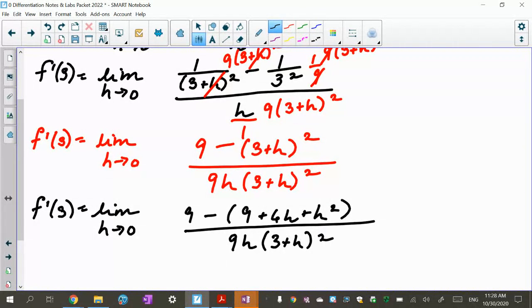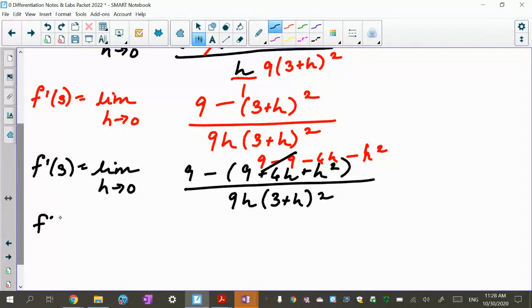And then I notice I can change all the signs, so I have 9 minus 6h minus h squared. That's important, and that's why I put it in parentheses. As you can see, this will make the 9s cancel out. But you need to have the parentheses or it's not going to work.